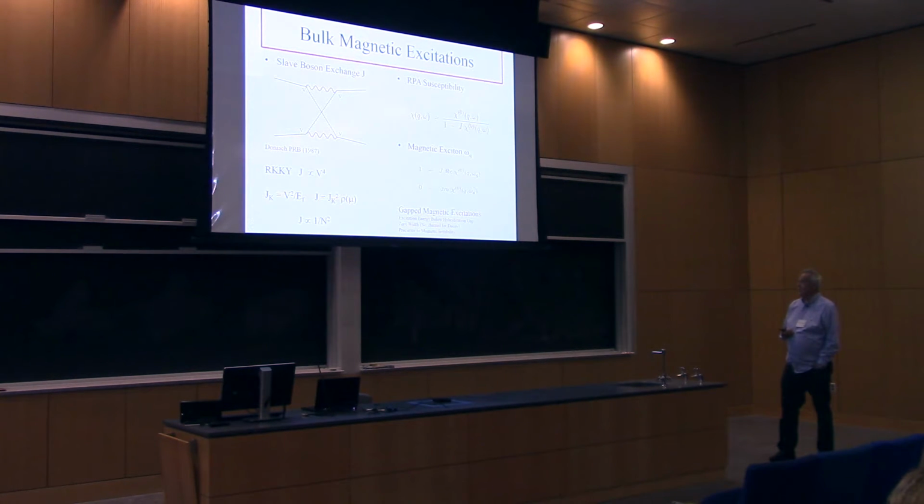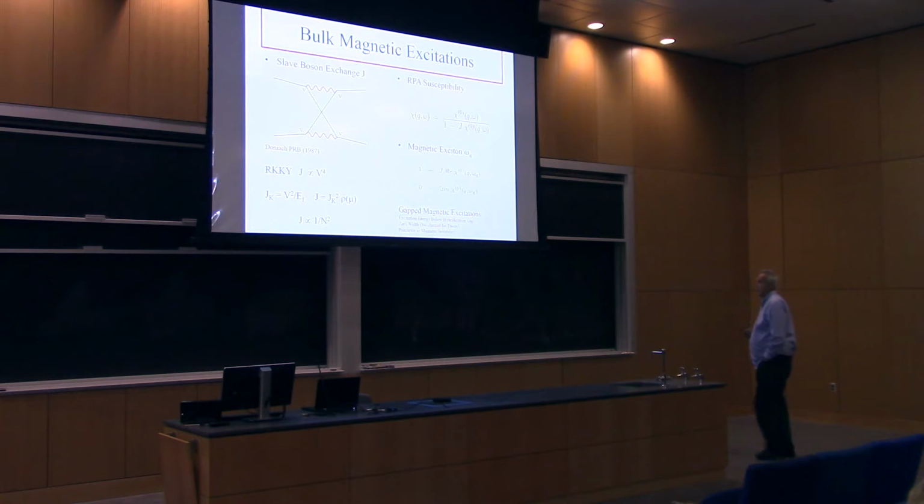However, there's a possibility that there could be an excitation in the system for the RPA if you can satisfy the condition that the denominator is 0. We've just said the imaginary part is 0. Imaginary part of chi 0 is 0.